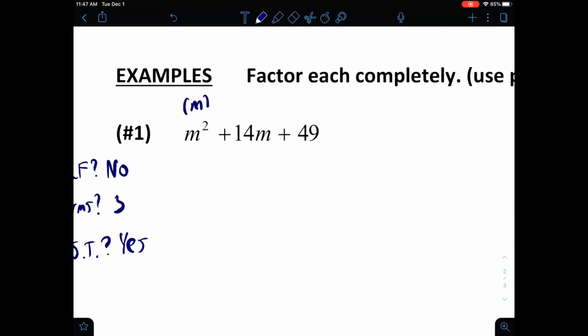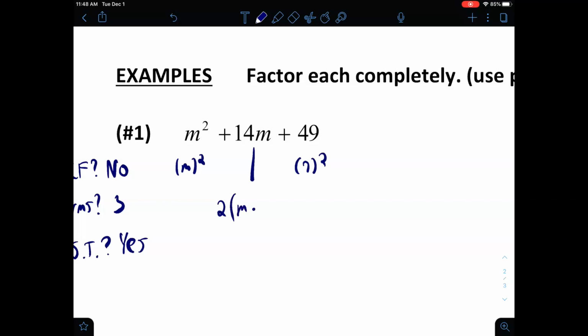this is m squared, and this is 7 squared. And the middle is going to be 2. Let me just figure this out here. So this is m squared, this is 7 squared. Let's check.